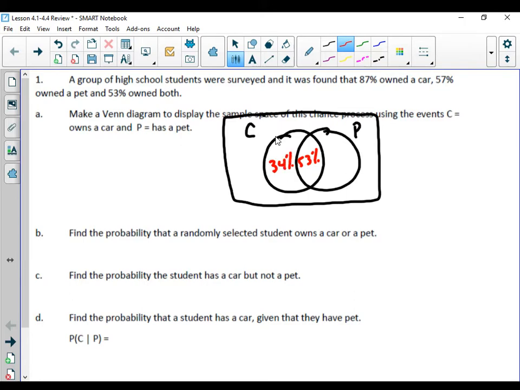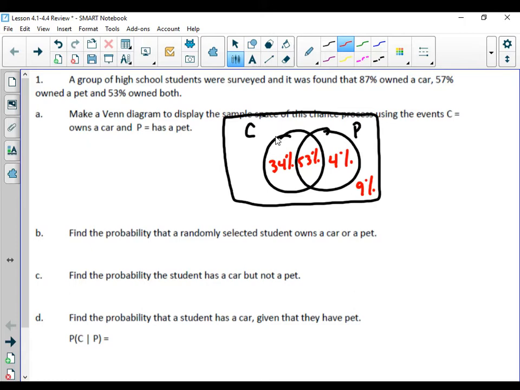And then owning a pet, that would be the entire pet circle. 57% owned a pet, but we already dealt with 53% of them. So that leaves me with 4%. So if I put all those together, I have 34 plus 53 plus 4, so I have 91%. That means I have 9% on the outside.